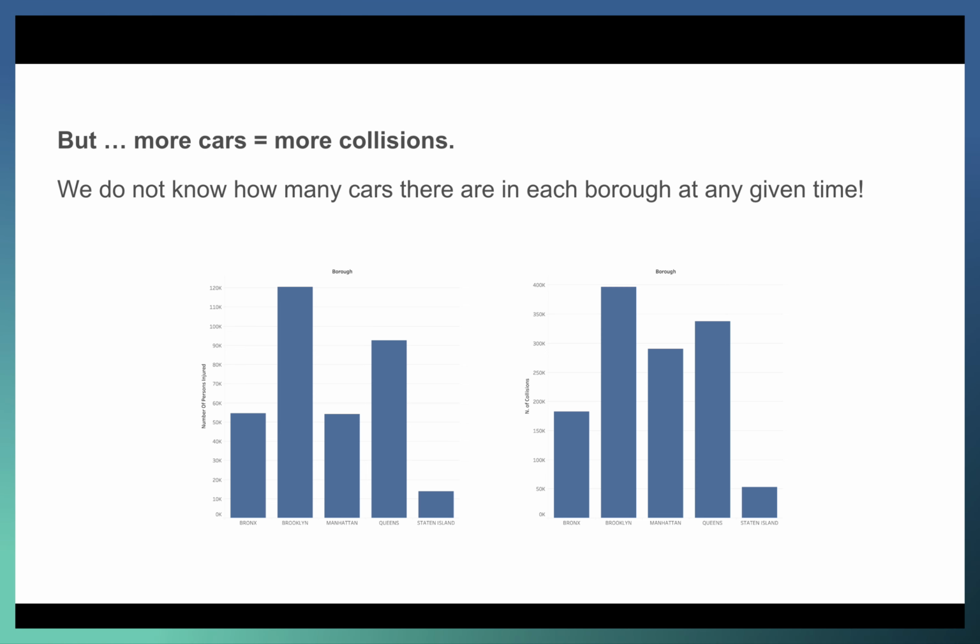If there are way more cars and more people driving in Brooklyn, it's normal that there will be more collisions, but this doesn't necessarily mean that that area is more dangerous. It only means that since there are way more cars, there are way more opportunities for cars to generate collisions.